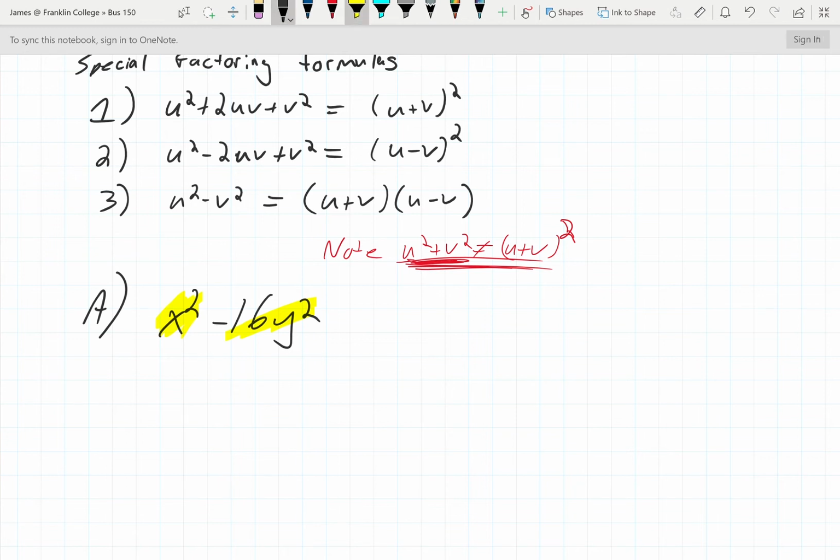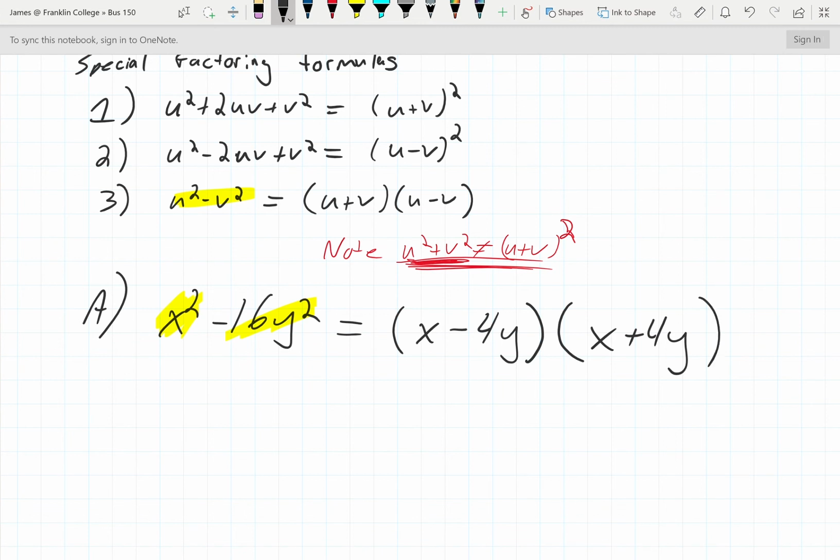So that's going to be very similar to what we have right here. So x squared minus 16y squared is just going to be (x minus 4y) times (x plus 4y). And that is factoring that x squared minus 16y squared.